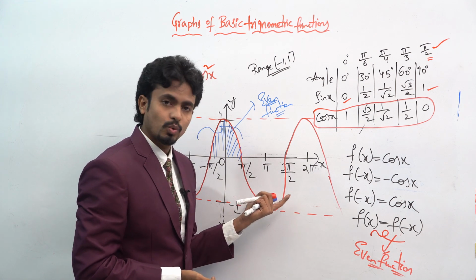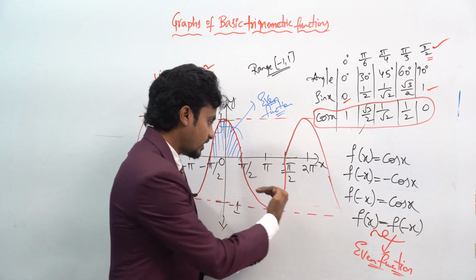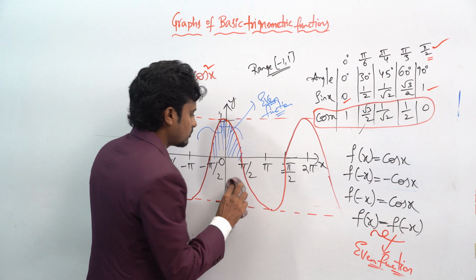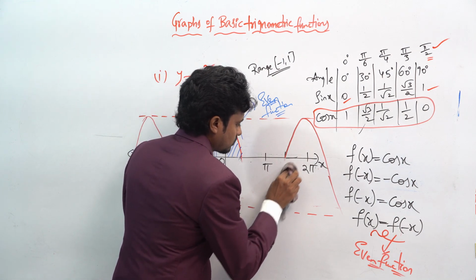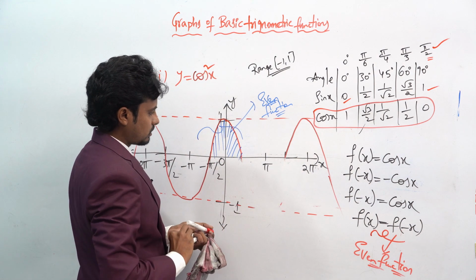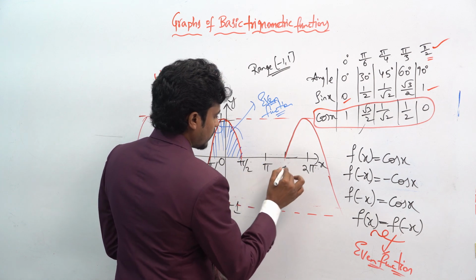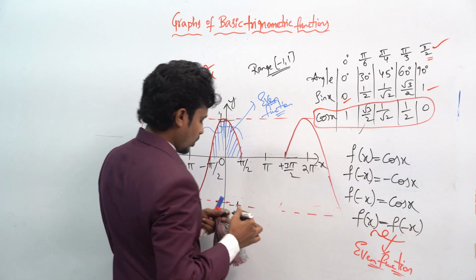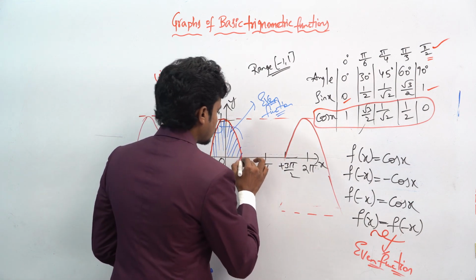Only the negative side gets affected, negative into negative will become the positive, so the negative side will just be shifted to the positive side. Okay, this will become the plus pi by 2, plus pi, this will be the plus 3 pi by 2. Okay, so here the plot will get shifted like this.